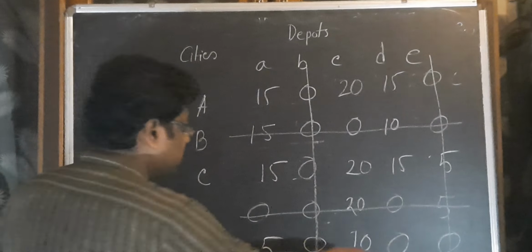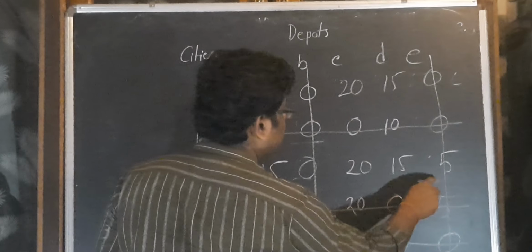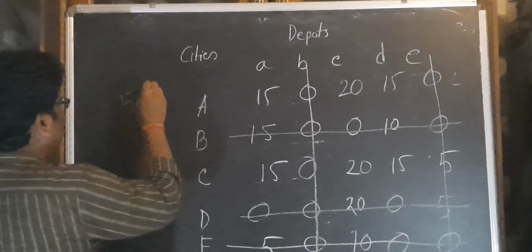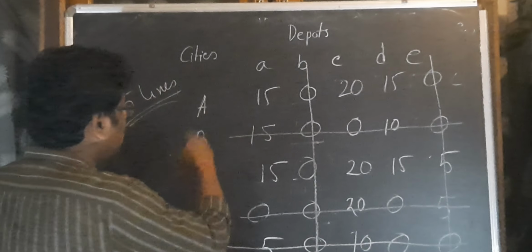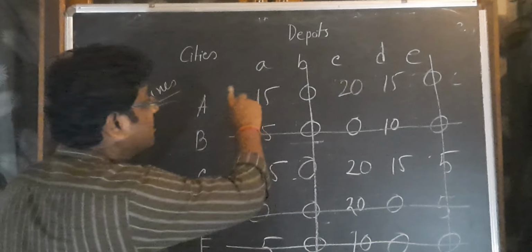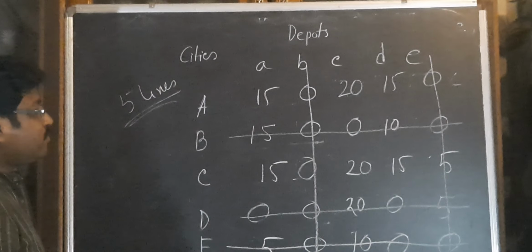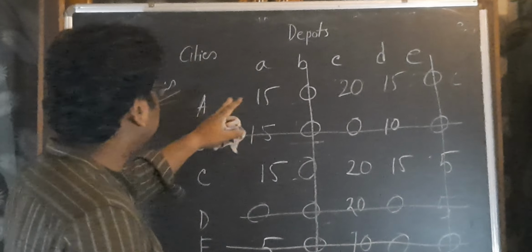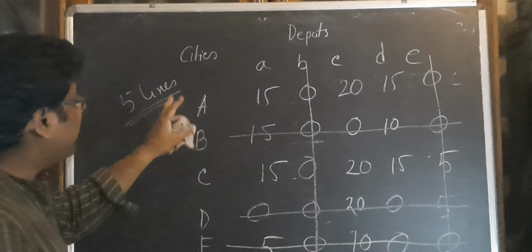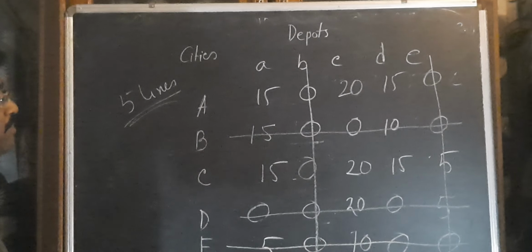So now you have 1, 2, 3, 4, 5 lines. 5 lines, and this number is equal to the number of columns or rows. So now it is balanced.